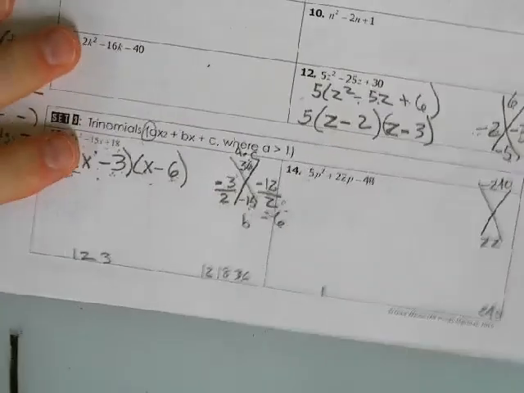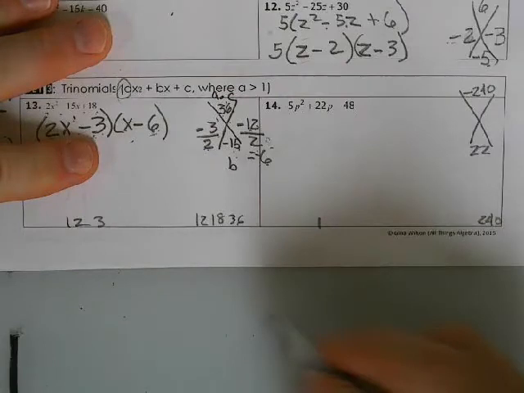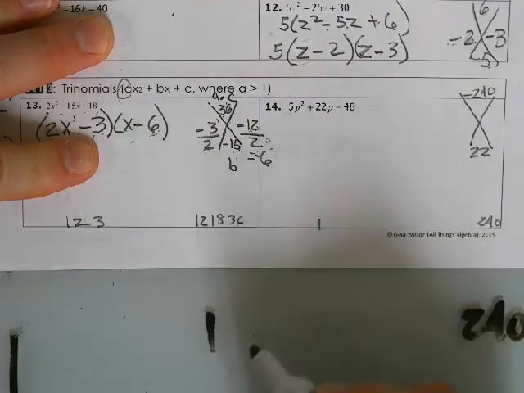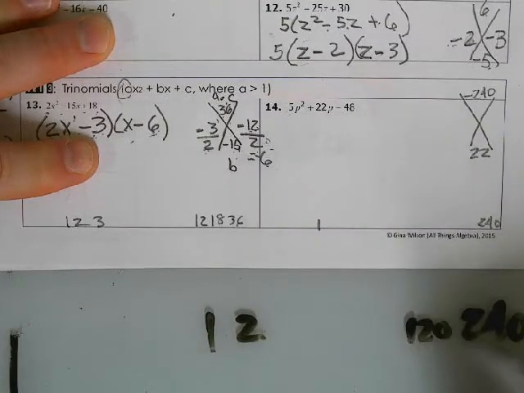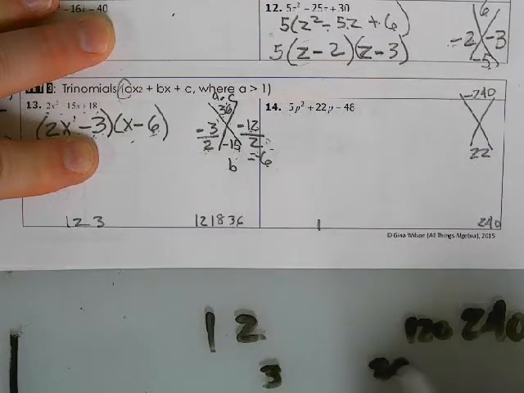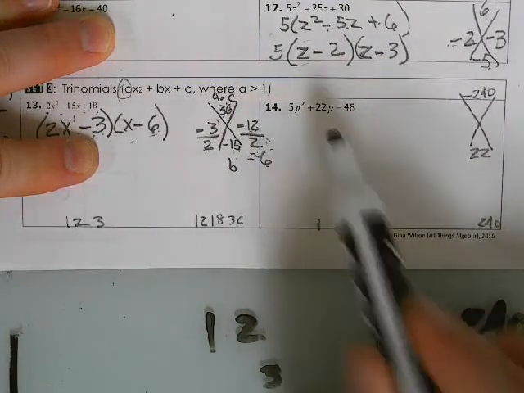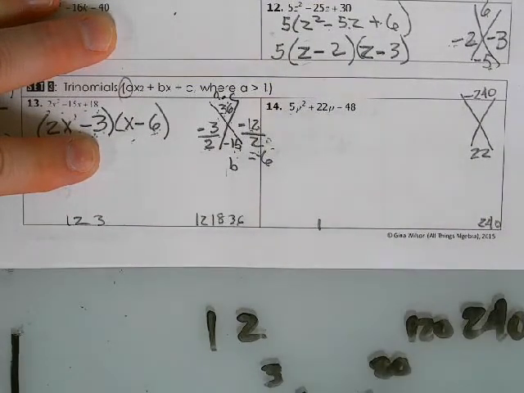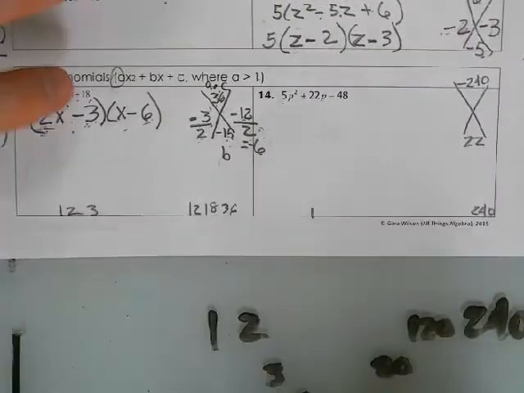Just to keep it from looking too crazy, I'm going to go 1, 240, 2 and 120, 3 and 80, 4 and 60. Now this value is 22, so the numbers are going to be much closer together than what I'm showing you here, right? Let me tilt my thing up a little so you can see.